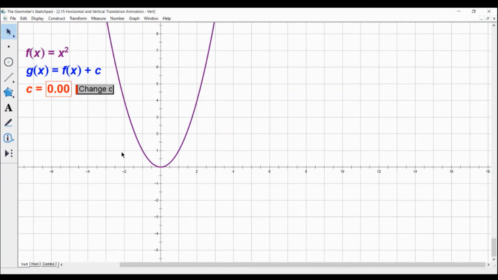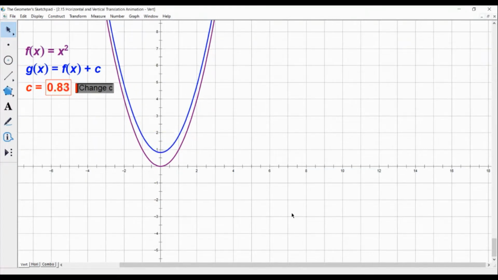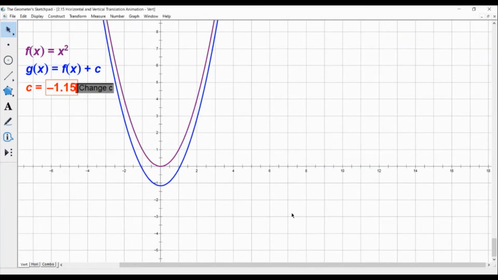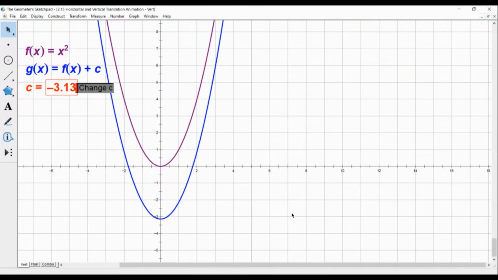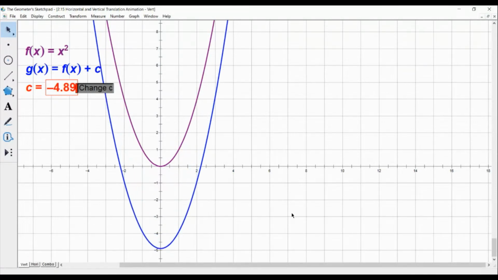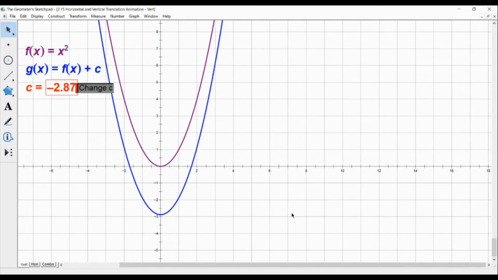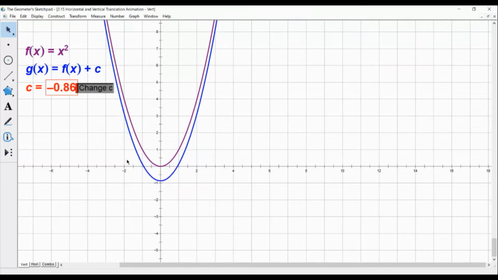So what I'm going to do is click on this button and it's going to change what c is equal to. Okay, so we'll just let it keep going for a second here.